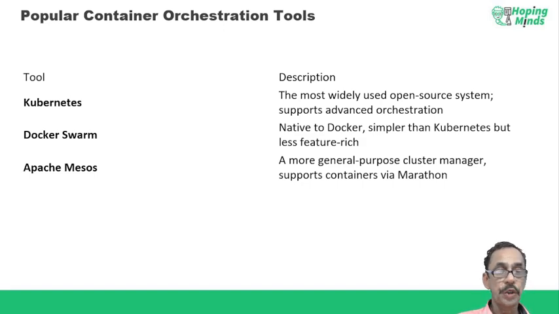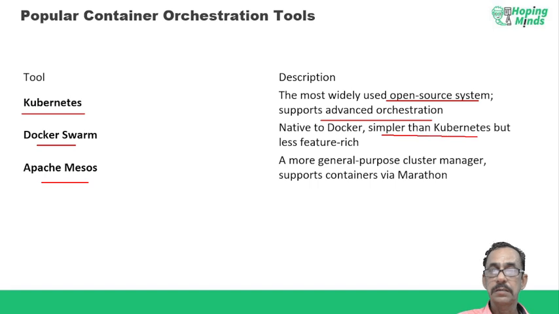These are the orchestration tools. One is Kubernetes, one is Swarm, and one is Apache Mesos. These are some examples. Kubernetes is the most widely used open source system and supports advanced orchestration. Docker Swarm is native to Docker, simpler than Kubernetes, but less feature rich. Apache Mesos is a general purpose cluster manager that supports containers via Marathon.